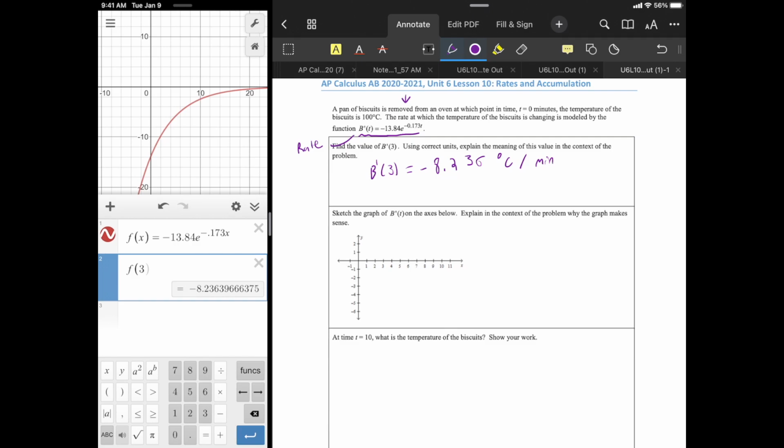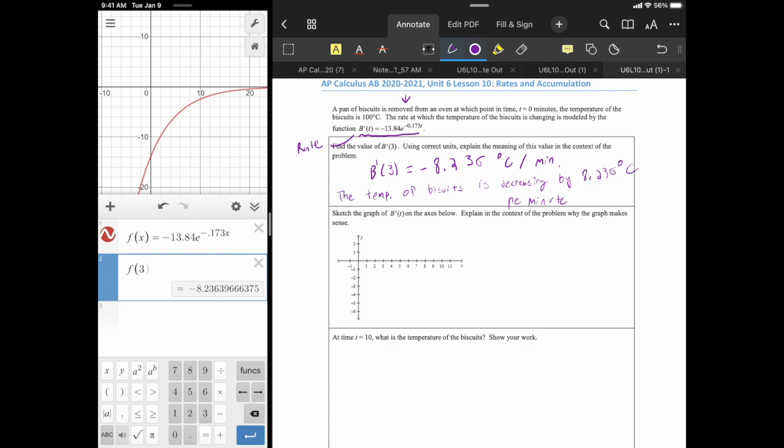Explain the meaning of this value in the context of the problem. I would say something like the temp of biscuits is decreasing by 8.236 degrees Celsius per minute.